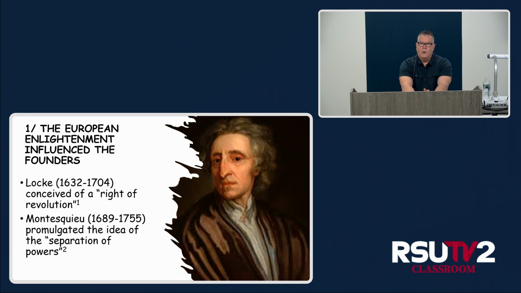So another important Enlightenment figure for the colonists was a French nobleman by the name of Montesquieu. And he basically promulgated the idea of the separation of powers. Montesquieu, again, was a French noble. He greatly admired the English political system, and he believed that the genius of that system was its division of power between the crown and the parliament.